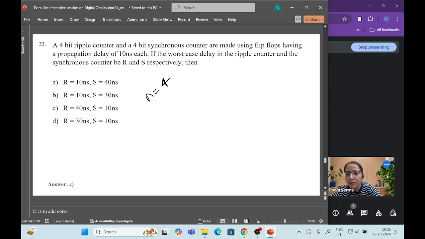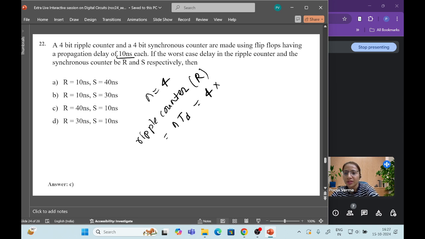For the worst case, the ripple counter is represented by R, right? In the ripple counter the delay will be n into TD. So n is given as 4, the number of flip-flops is 4, and TD, the propagation delay for each flip-flop, is 10 nanoseconds.